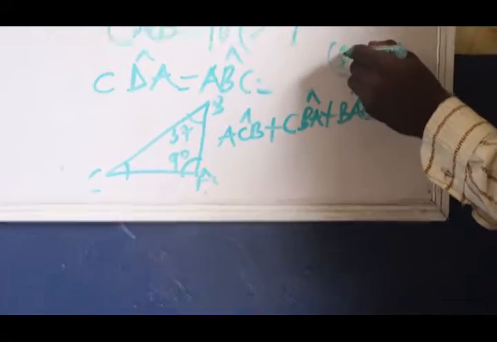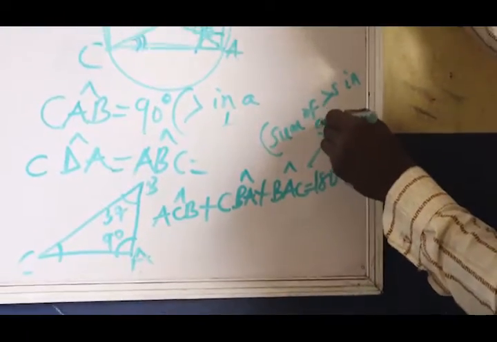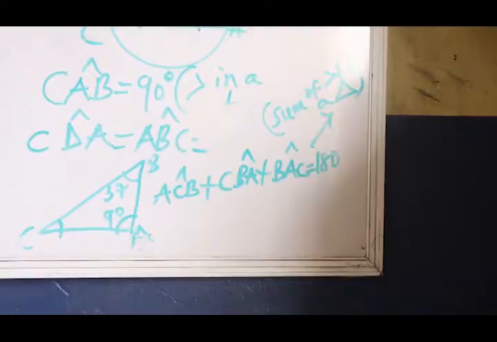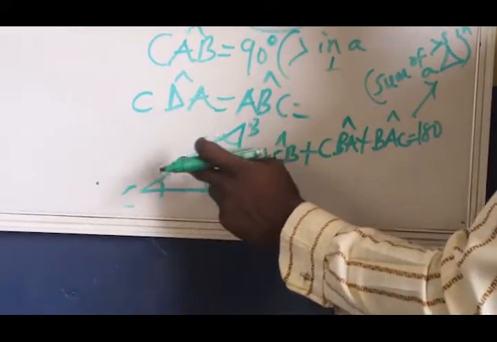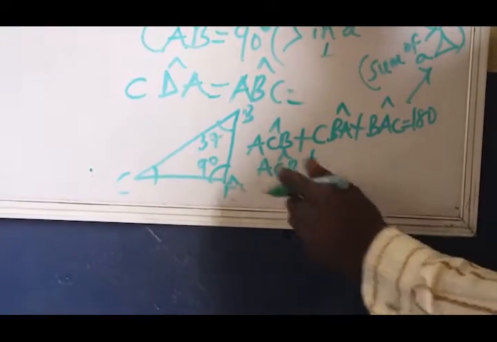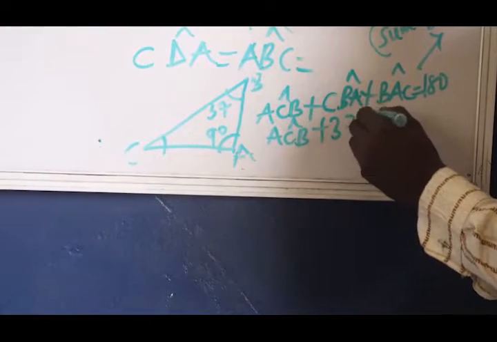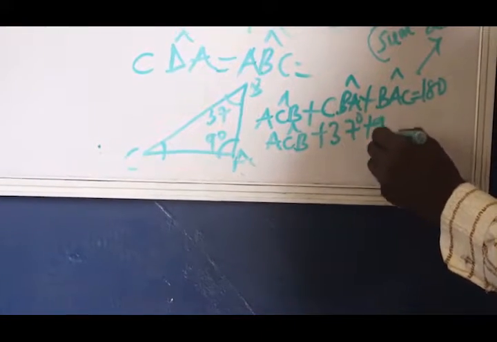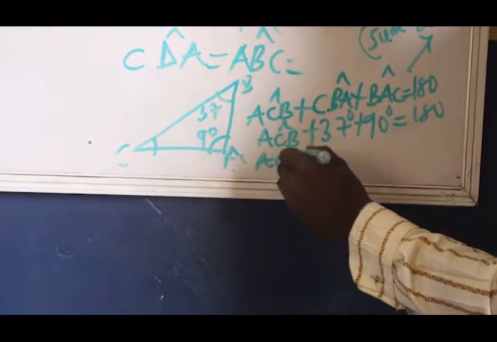You tell them that the sum of angles in a triangle. So ACB, that is the angle you have been asked to find. You write it back: ACB plus CBA, which is 37 degrees, plus BAC, which is 90 degrees, equals 180.